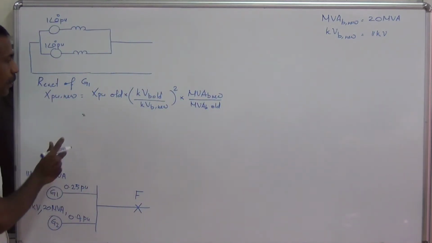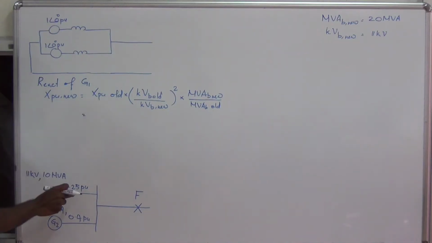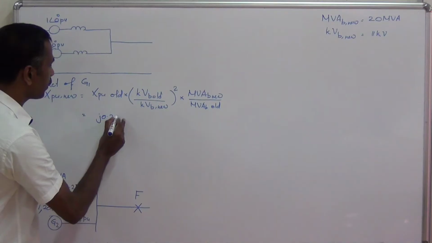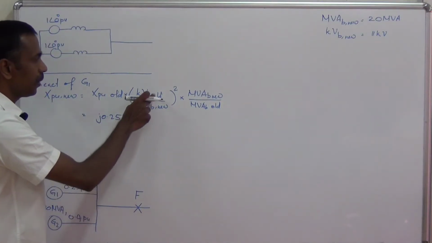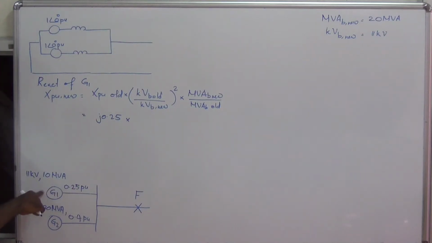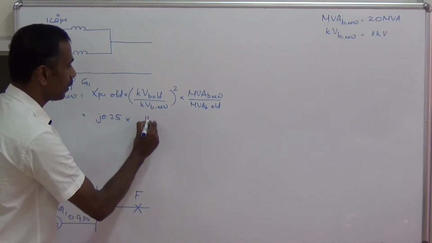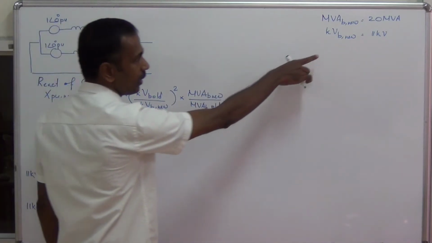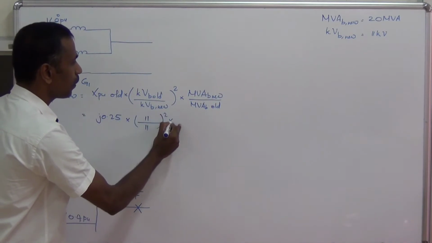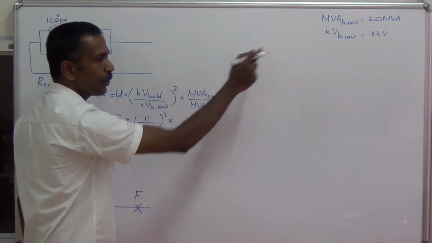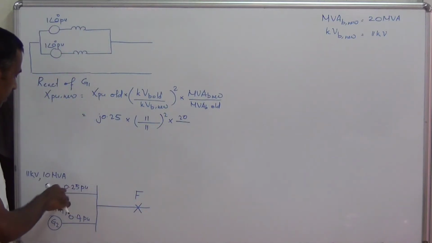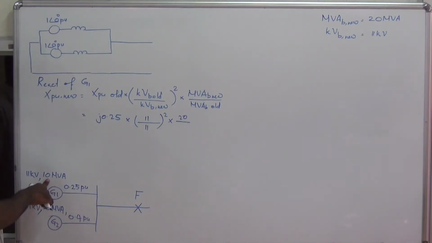So this is equal to X per unit old of the first generator, which is j0.25 per unit, into kVb old, the rating of generator G1, which is 11 kilovolt, divided by kVb new, 11 kV, the whole square, into MVAb new, which is 20 MVA, divided by MVAb old, the rating of generator G1.